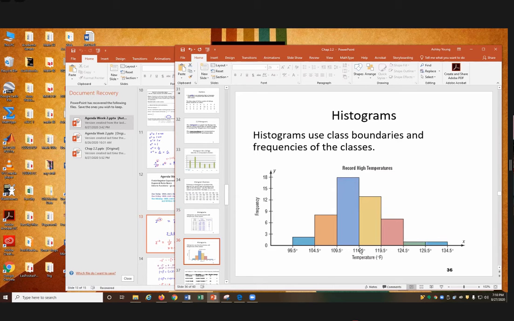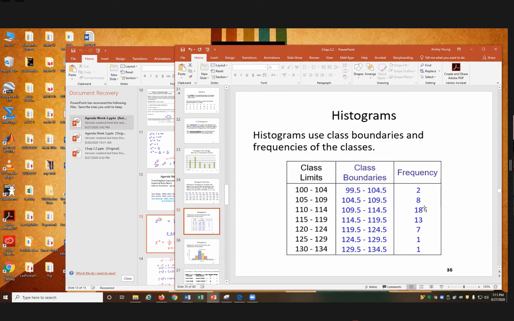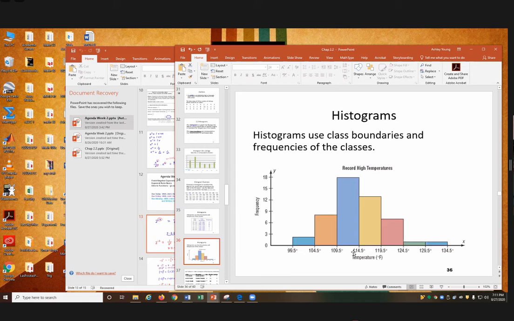So it has to start and end at the boundaries, not centered on the boundaries, but starting at one boundary and ending at the next, because that's where this area lies. It lies between these two boundaries, from this one to that one. The 18 is between these two boundaries, so it should start here and end there. And it does.